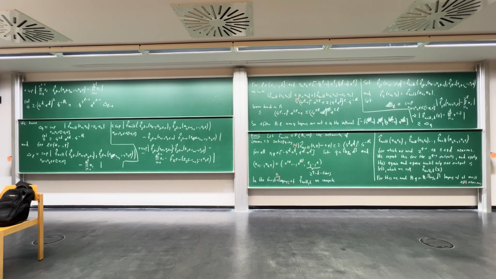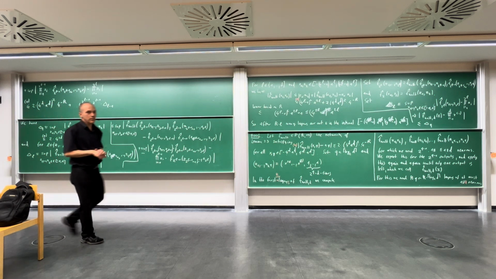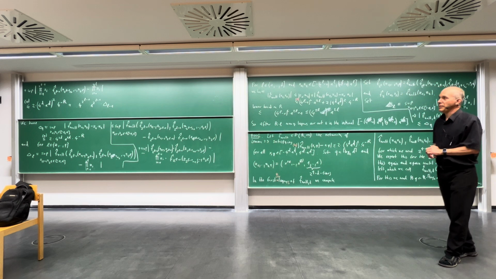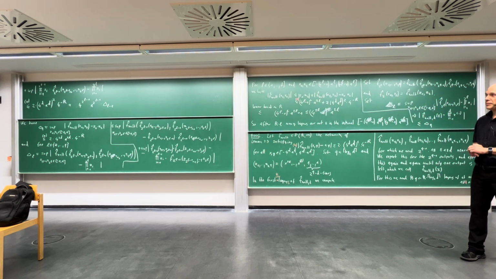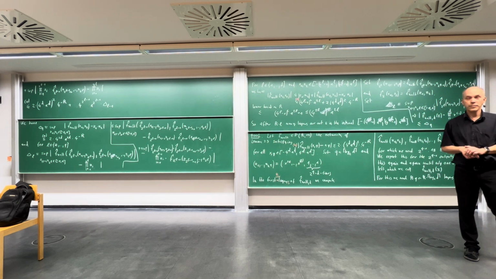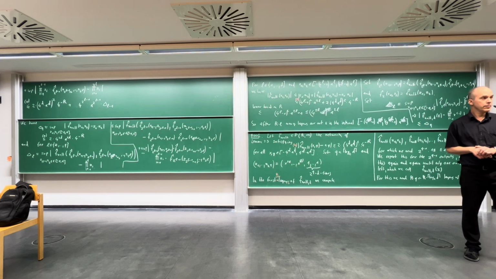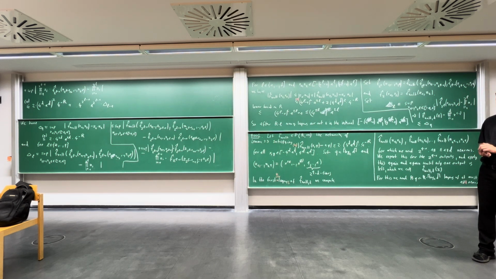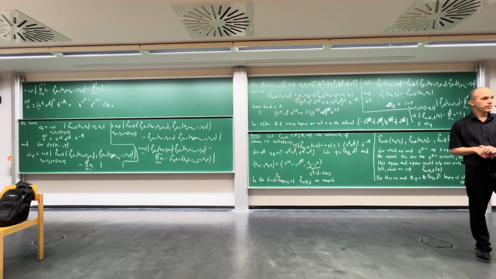And now I make the same thing for the third guy. What about the third guy? How do we derive an upper bound for the third term?